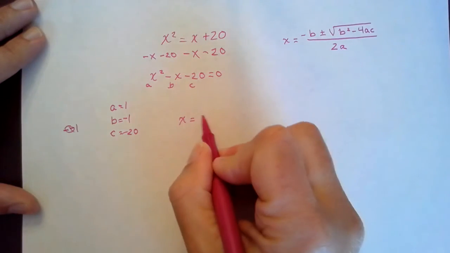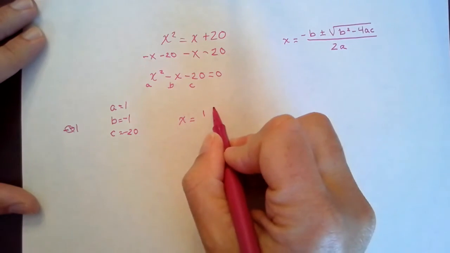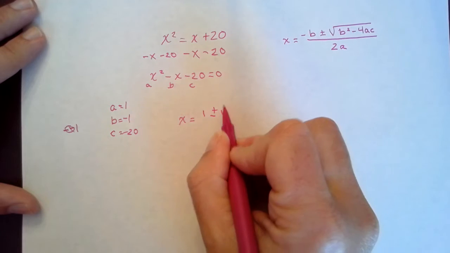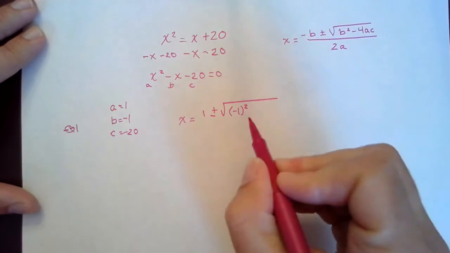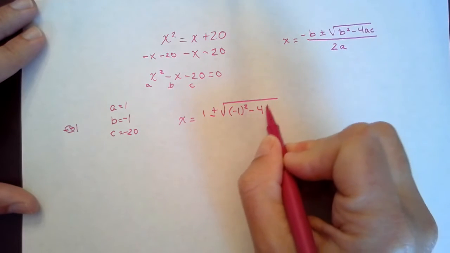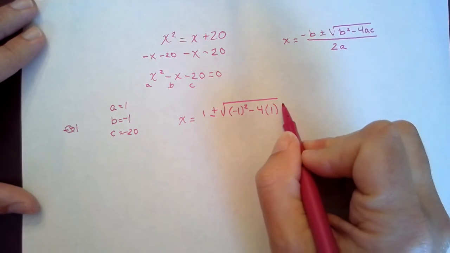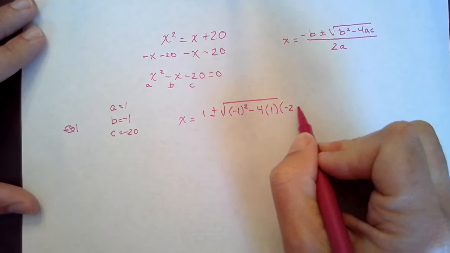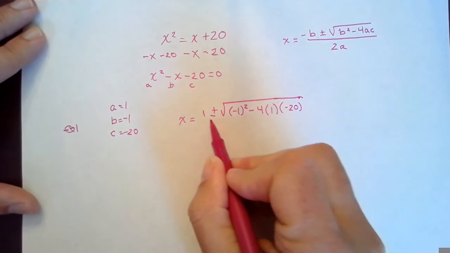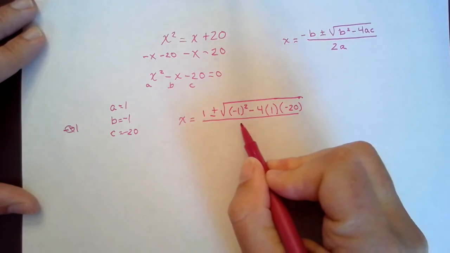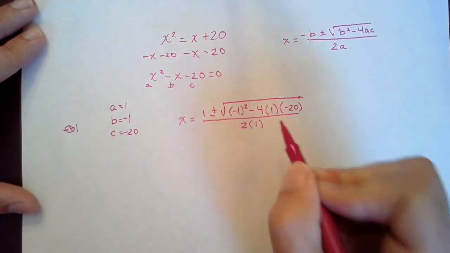So really, it just becomes a positive 1 plus or minus the square root of negative 1 squared minus 4 times a, which is 1, times c, which is negative 20, extend my radical, all over 2 times a, which is 1.